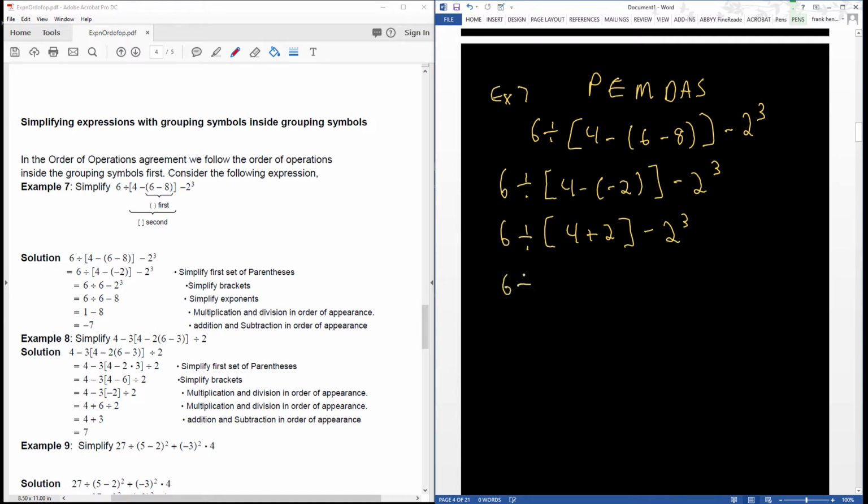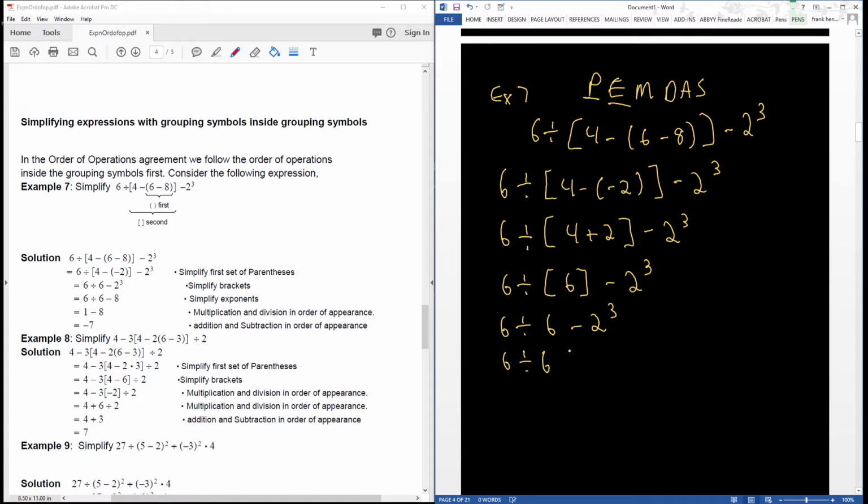So I have 6 divided by bracket 6 here. When you have one symbol and value inside the parentheses, you can drop the parentheses. So taking care of my parentheses, now I do have an exponent there, so I'll take care of the exponent next.